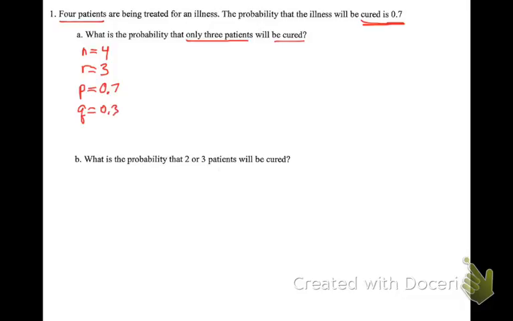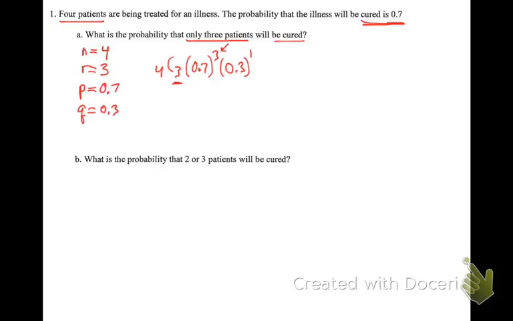So the probability is going to be 4C3 times 0.7 raised to the third times 0.3 raised to the first. Notice this 3 is going to be the same as that 3 up there, and to make 4, the next one's going to have a 1.